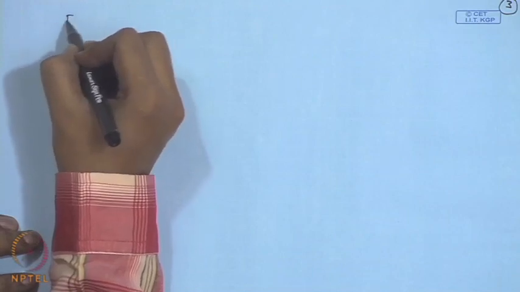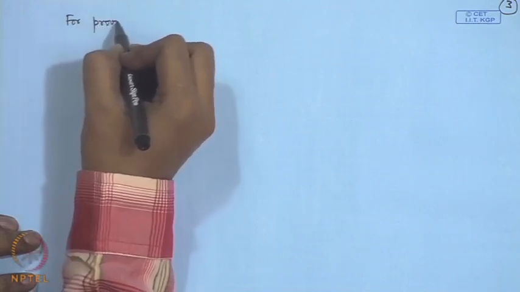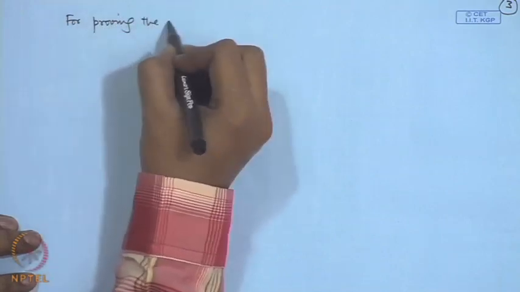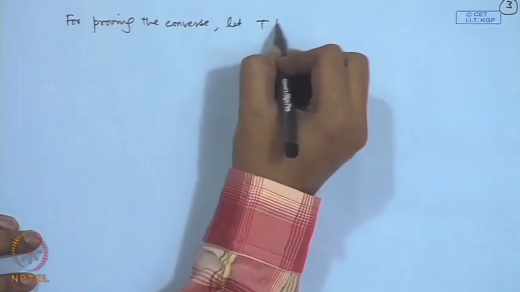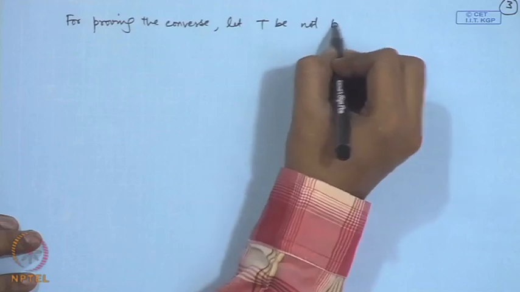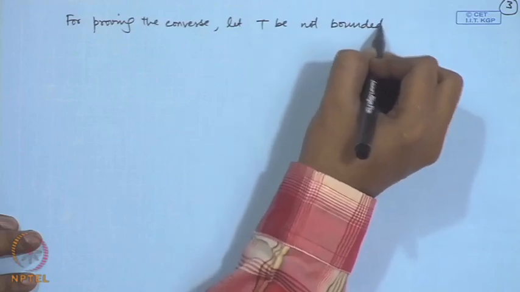Now, let us look at the converse. For proving the converse, let T be not boundedly complete.